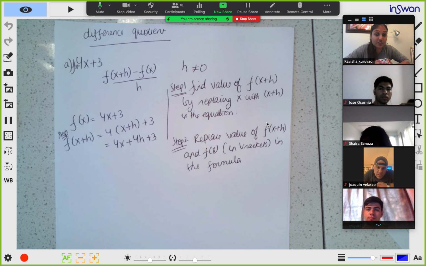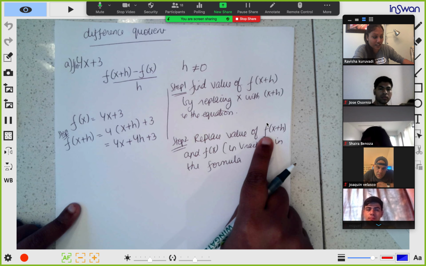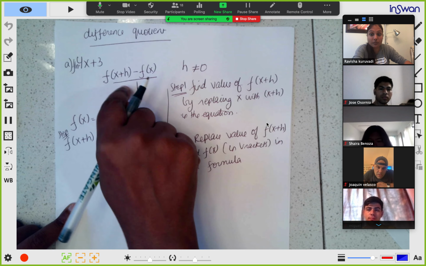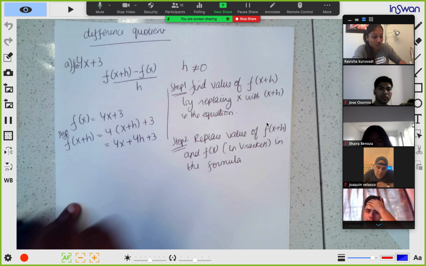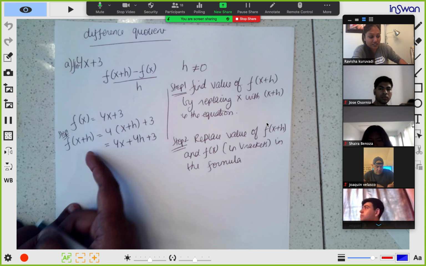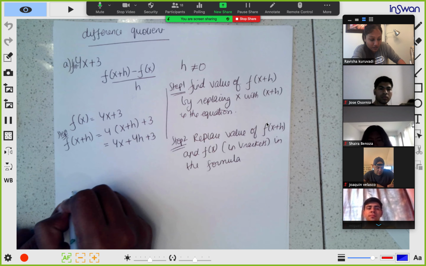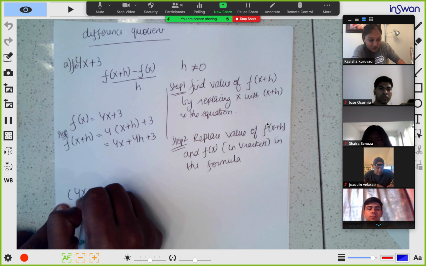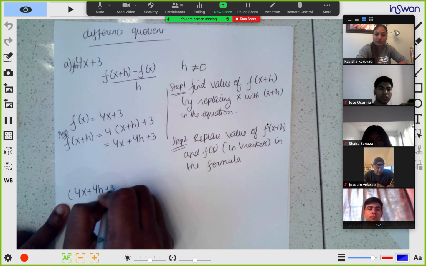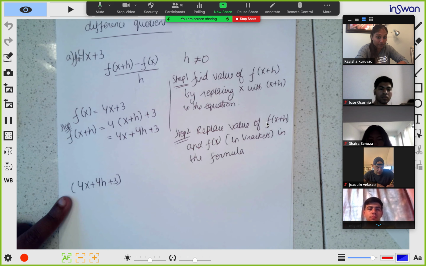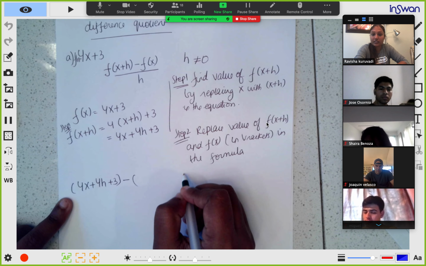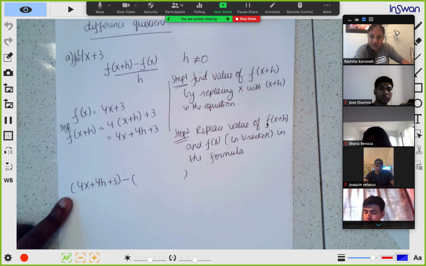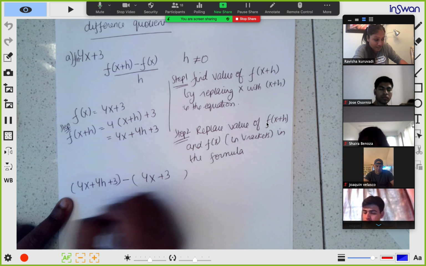So whatever you found for f of x plus h, put it in a bracket here. So it becomes 4x plus 4h plus 3, in a bracket, minus, and again put f of x also in a bracket, whatever is my f of x, 4x plus 3, divided by h.